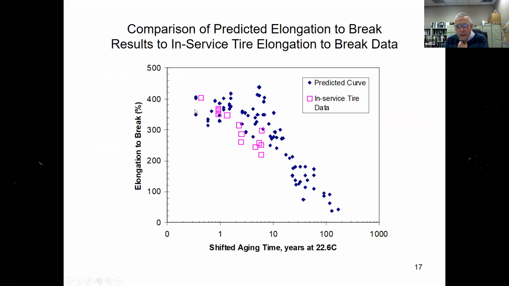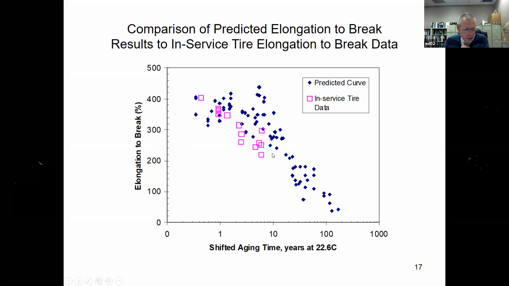I think you would find this in-service tire came from a tire, but if it was a sheet or a mat that doesn't have inflation pressure, then you don't need to do step 3.